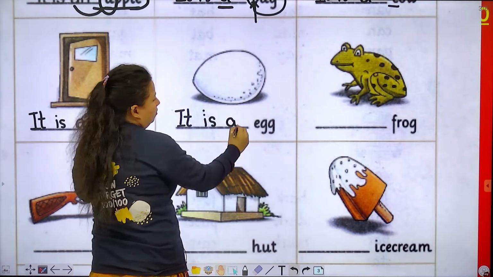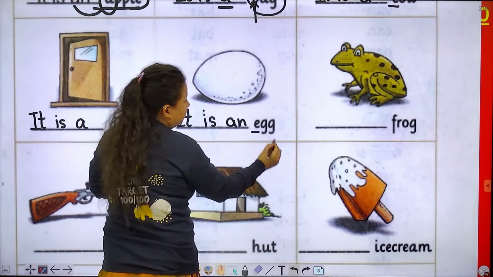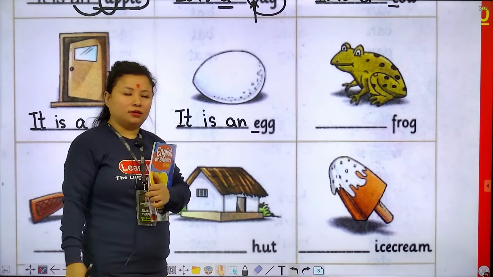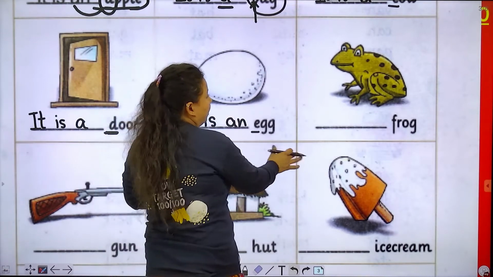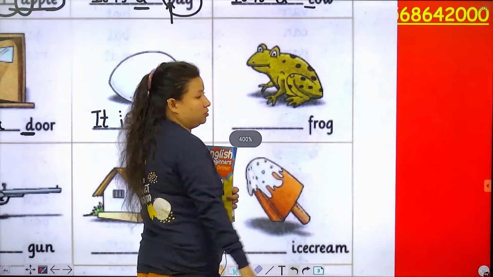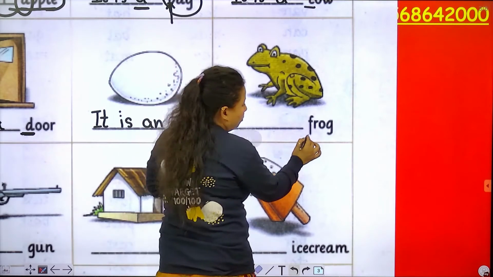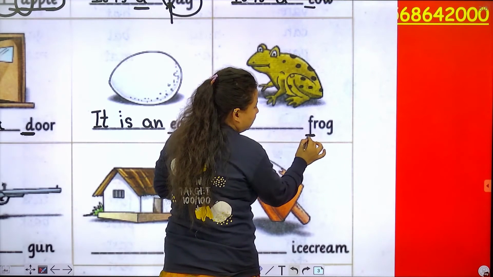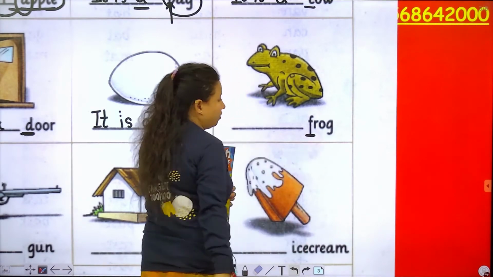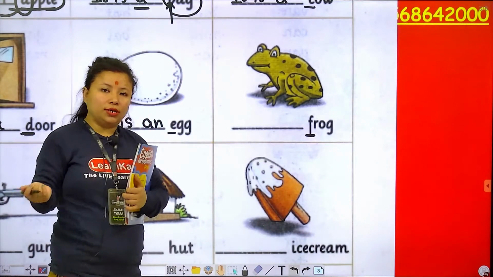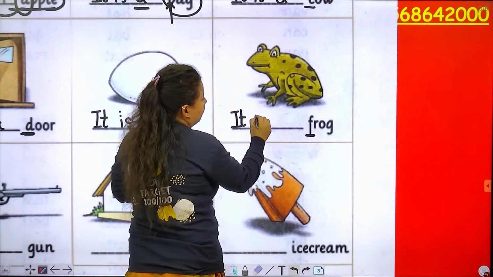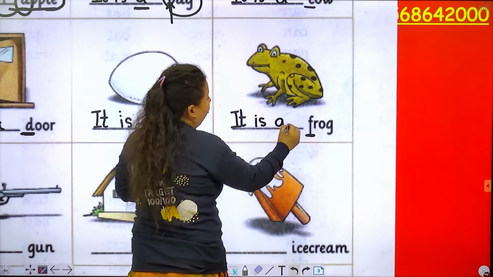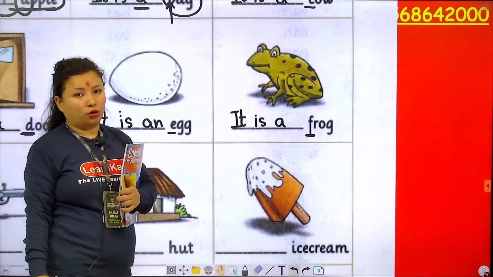Because this is a vowel, egg. A, E, I, O, U. Next is frog. This word is starting with the letter F. F is a consonant. So we have to write it is a frog, not an frog.